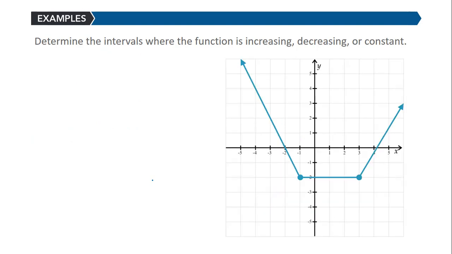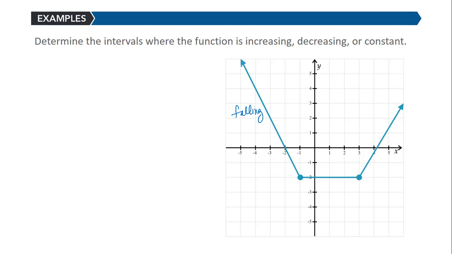Another example, we have this graph of 3 different segments. There's a part of a line that is falling, then we are horizontal, and then the graph is going up. So the leftmost piece is going down, so this is falling.